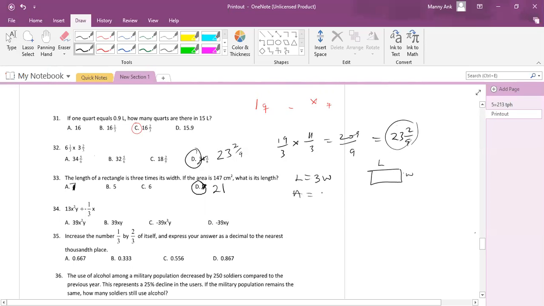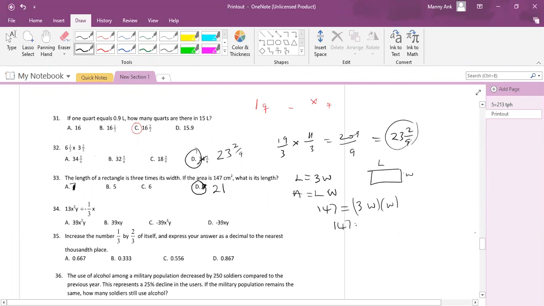You've given the area, 147. So I'm going to replace the length with 3W, so I can solve for the width. The area 147 should be equal to 3W times the width.